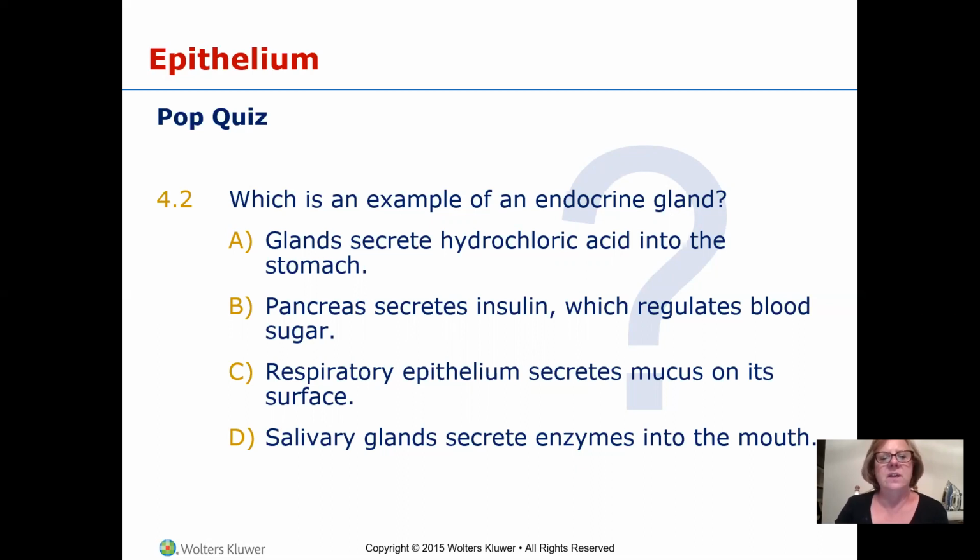It's a little hard, but it's the pancreas. The hydrochloric acid into the stomach is not a hormone. The pancreas with the hormone of insulin, that was a little tough, but in any event.